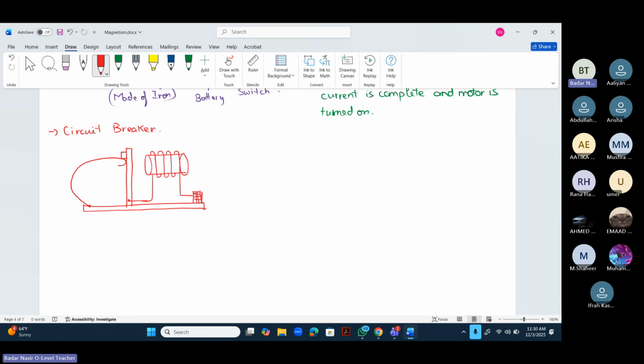Okay, so this is the diagram. We have an iron core inside this electromagnet. So this is an iron core. Now what is this? This is an iron armature. This is terminal 1, which is connected to the main supply, from where the voltage comes into our input. Terminal 1 is connected to the mains supply.